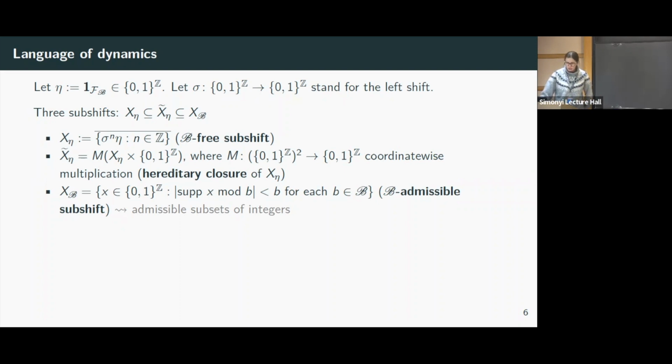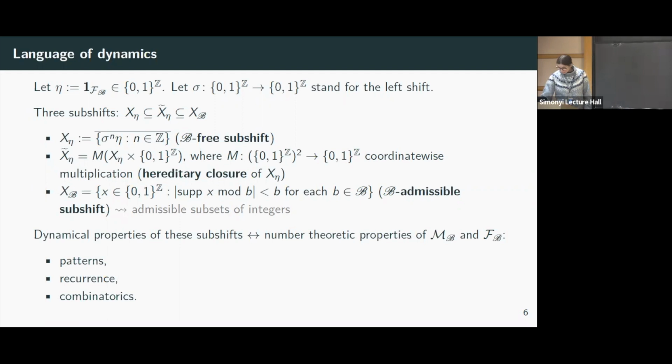Here are all 0, 1 sequences such that when I look at their support modulo B, there will always be at least 1 residue class missing. There are inclusions between these 3 shifts, and sometimes there are equalities, sometimes not. So there are examples of any configuration you want.